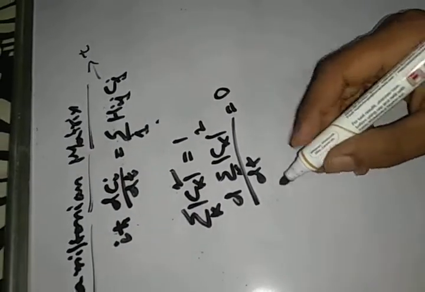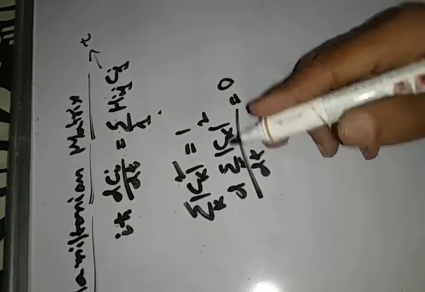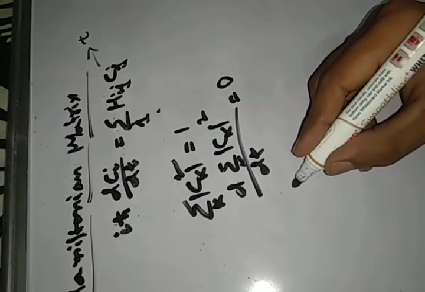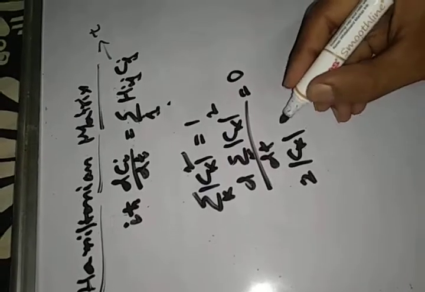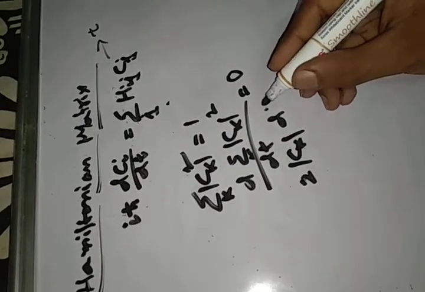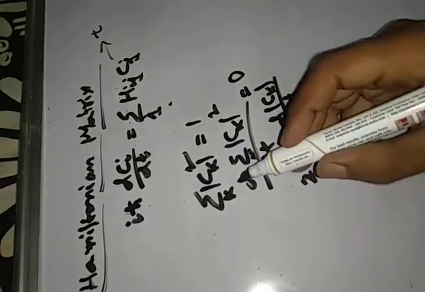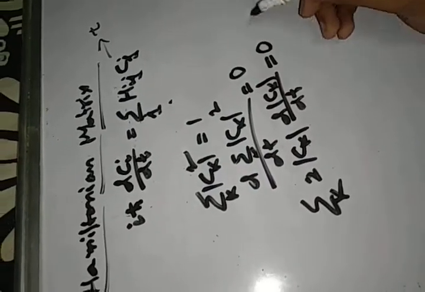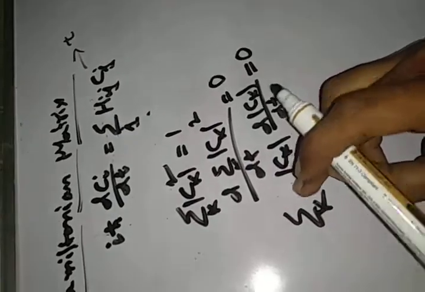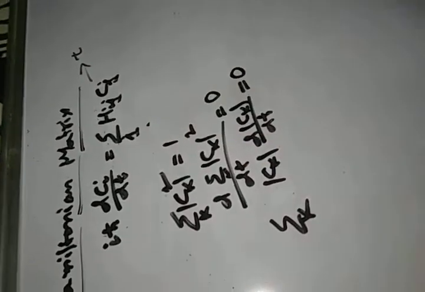Okay, so we can extend this: d(x squared)/dt is 2x dx/dt, isn't it? Summation k, we can take this over here, is equal to 0. Now 2, we'll move it over here. Okay, and summation k ck dck/dt, this thing we have done, but we have this thing over here also.